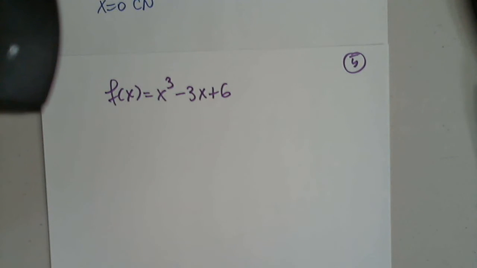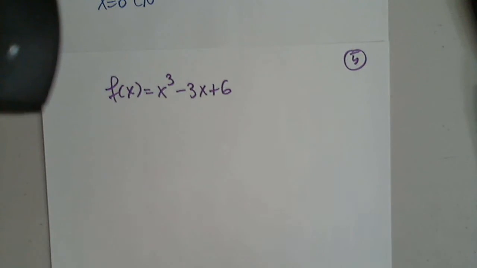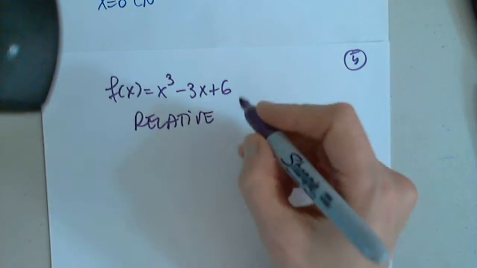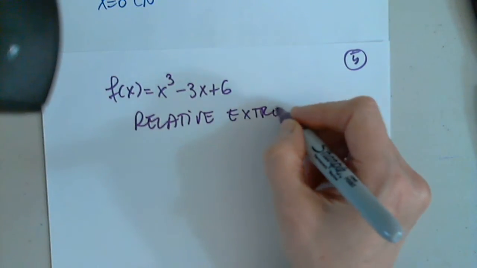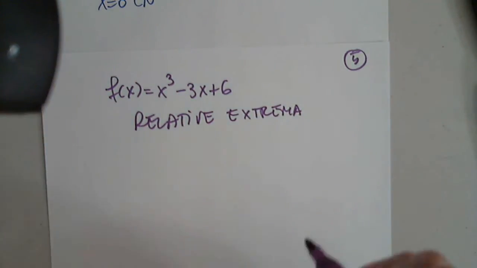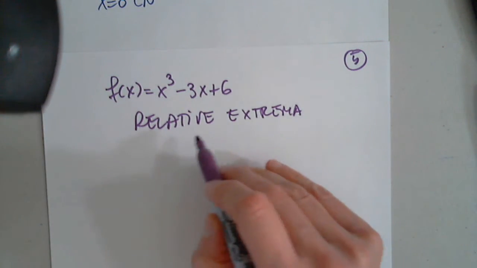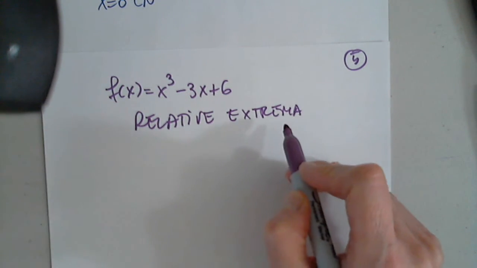Find any relative extrema. That's what it says. I don't care for the text right now. When we talk about relative, we know extrema. This is the plural of extremum. So find relative extrema or relative extremum.